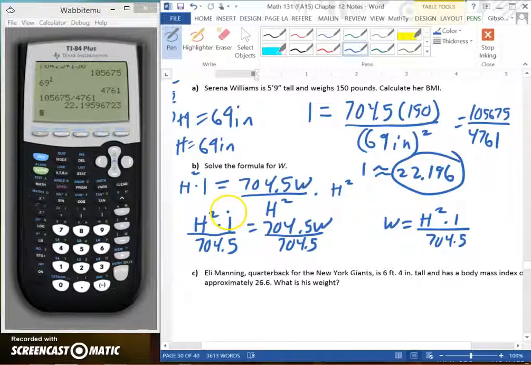Let's make this a capital I so we can distinguish it from a 1. So we have H squared times I over 704.5, and that would be your final answer for W.